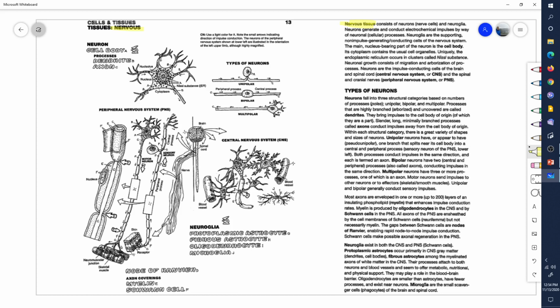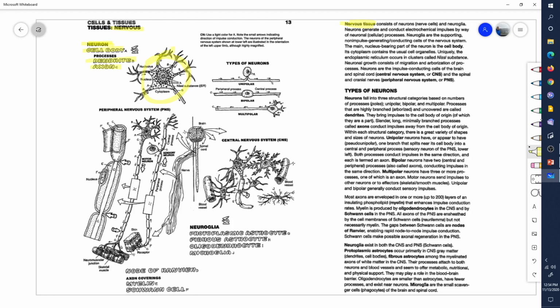Well, the cells of the nervous system, just like there are muscle cells, there are nervous cells. The nerve cell is called a neuron. The neuron has a cell body. That's this area here. Strange looking cell. But within the cell body, it has dendrites and axons.